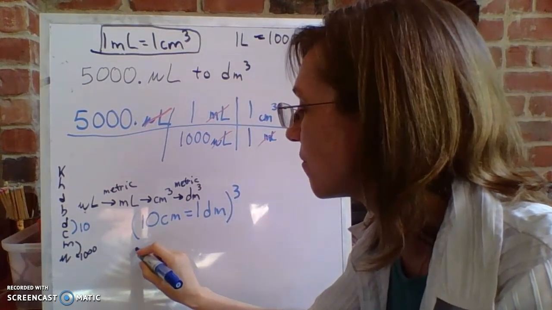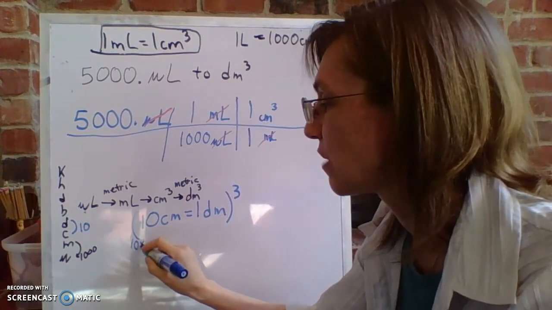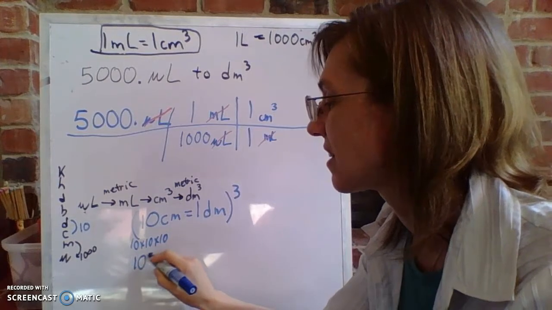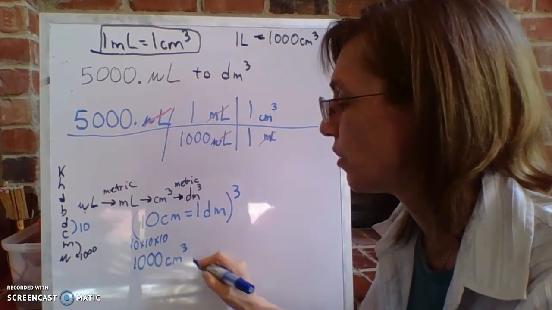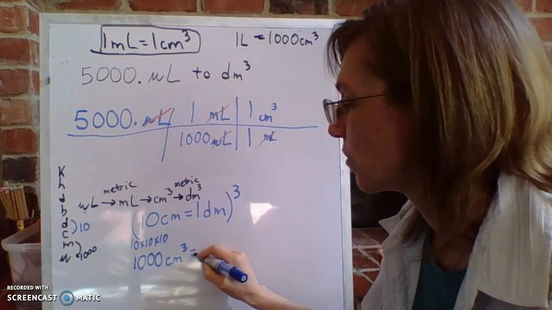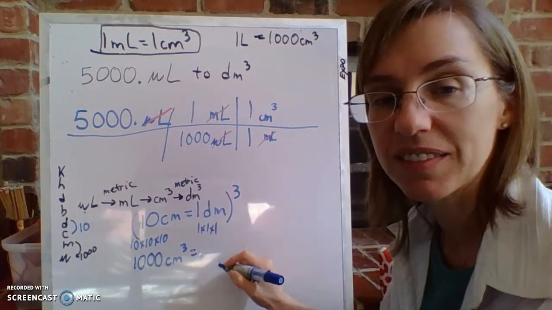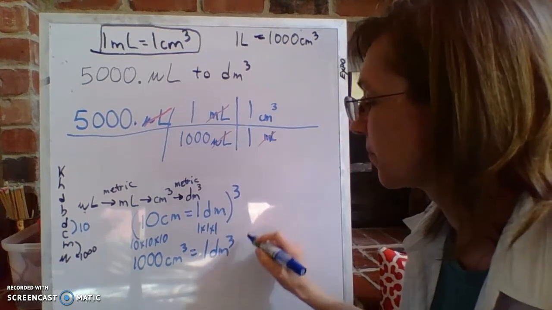So we have 10 cubed, which is 10 times 10 times 10. That is 1,000 centimeters cubed equals 1 times 1 times 1. Well, that's 1 decimeter cubed.